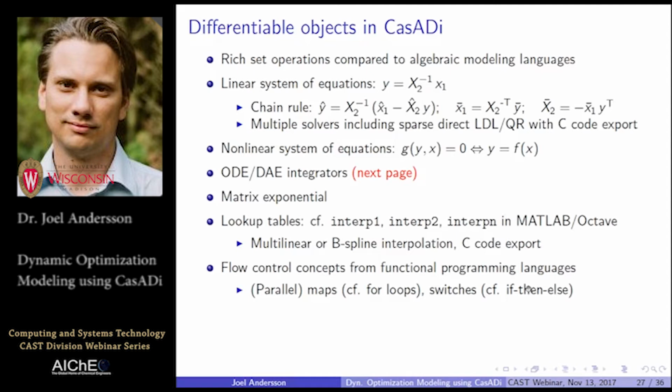This is interesting, for example, in parameter estimation, where this has the meaning of covariances. This is something that will hopefully be added in the next version of CasADi: essentially, being able to calculate parameter sensitivity with one line of code.